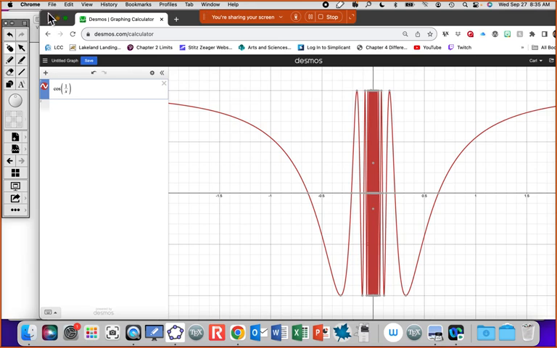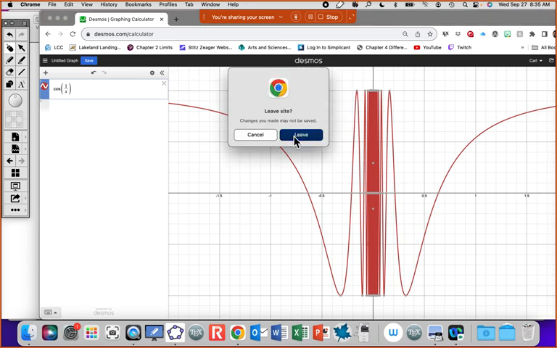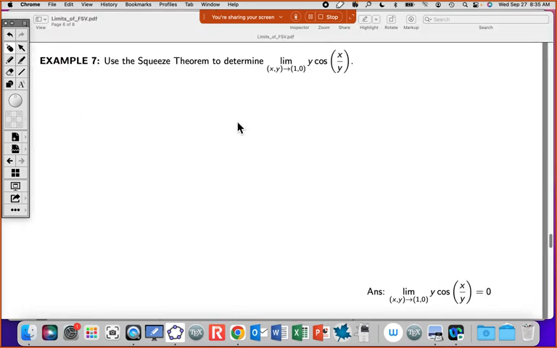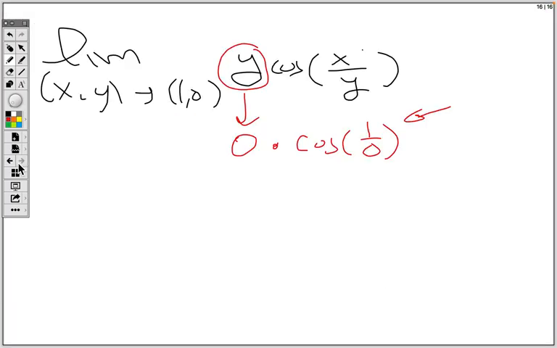Because what's happening here is that the argument of the cosine, depending on which direction you're coming into 0, is either going to infinity or minus infinity.